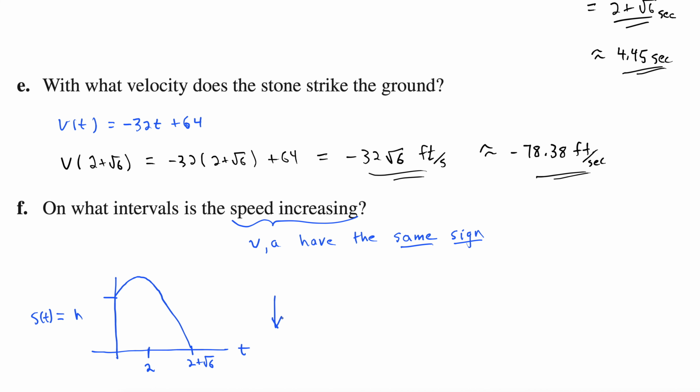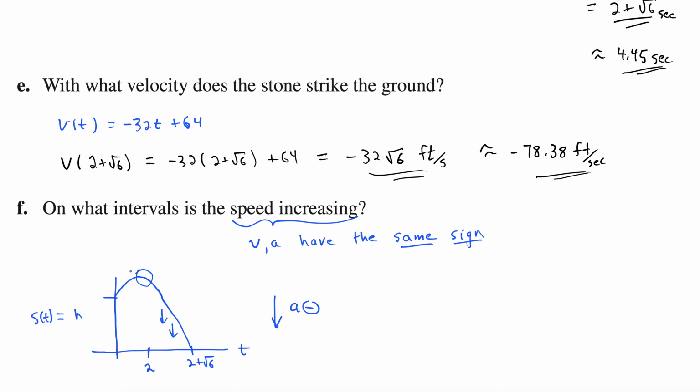So we have this, we'll call it a force, even though we're not really doing physics here, but the force is in the negative direction. We'll call down the negative direction. And in this first part, the velocity goes up, and then right here the stone stops at 2 seconds. After 2 seconds, the velocity is negative because it's going down until it hits the ground at 2 plus rad 6 seconds.